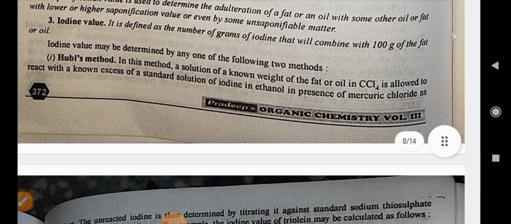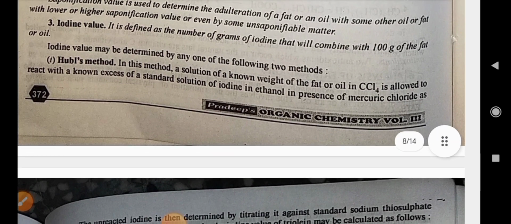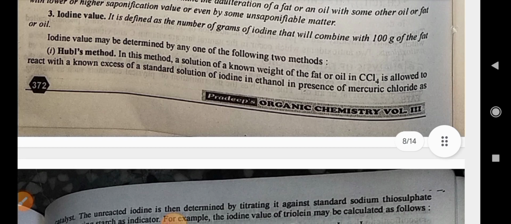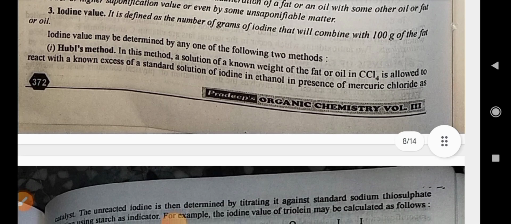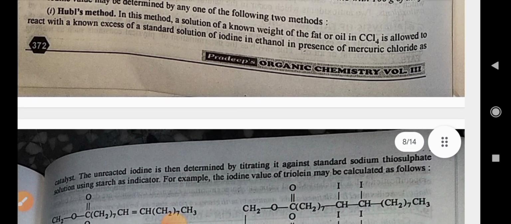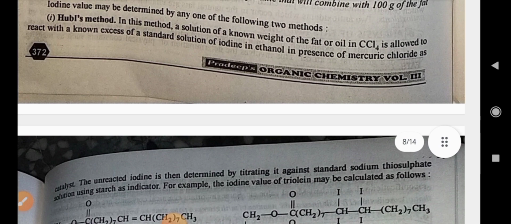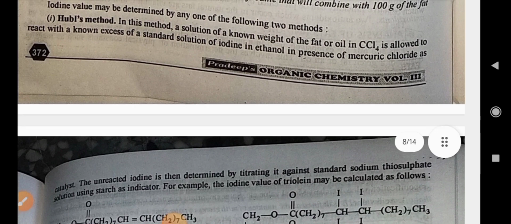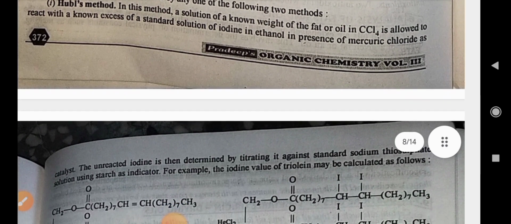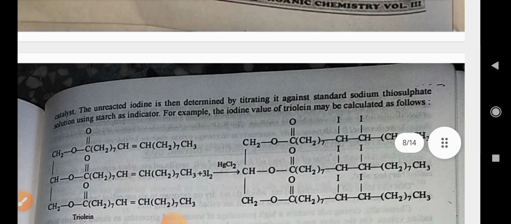Iodine value: it is defined as the number of grams of iodine that will combine with 100 grams of fat or oil. Iodine value may be determined by either of the following two methods. Hubl's method: in this method, a solution of a known weight of fat or oil in CCl4 is allowed to react with a known excess of standard solution of iodine in ethanol in the presence of mercuric chloride as catalyst.